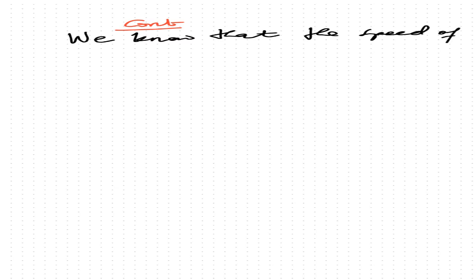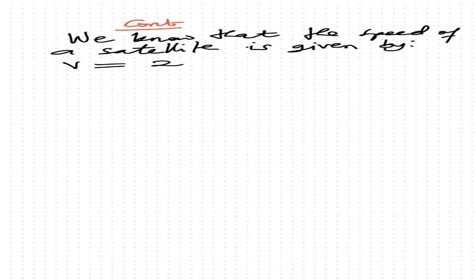But don't forget, we learned yesterday that the speed of a satellite is given by v equals 2 pi r over the period, capital T. Let's try to square both sides.